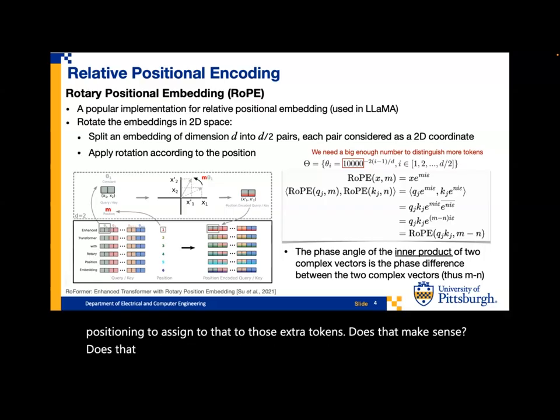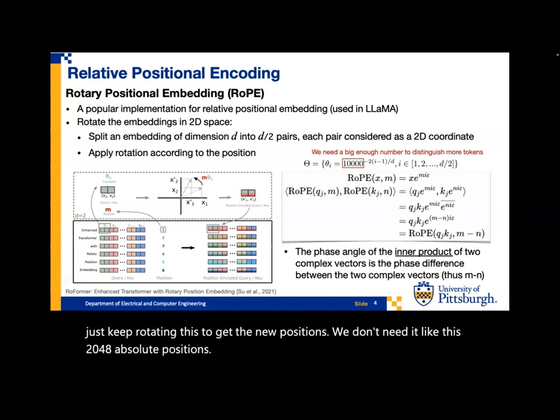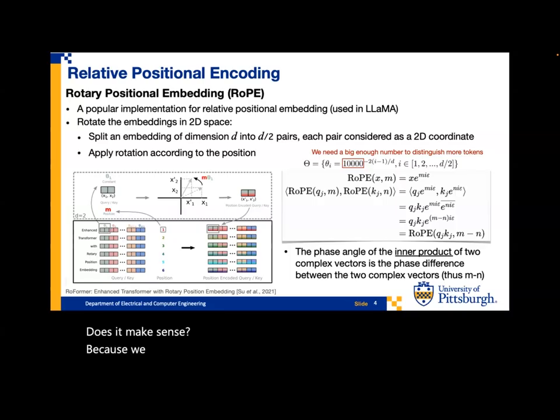But in this case, we are fine because we just keep rotating to get the new positions. We don't need the 2048 absolute positions. Okay, that's the first benefit.